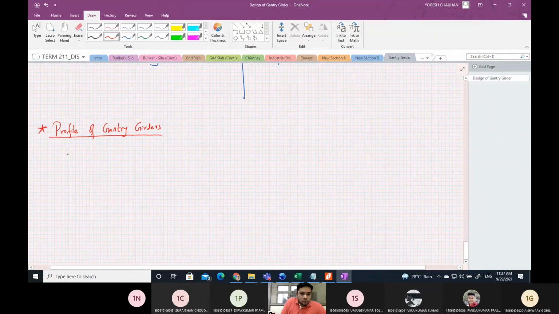So gantry girders are subjected to heavy bending moment.